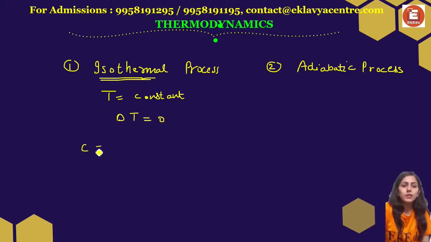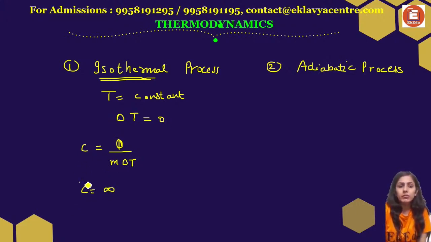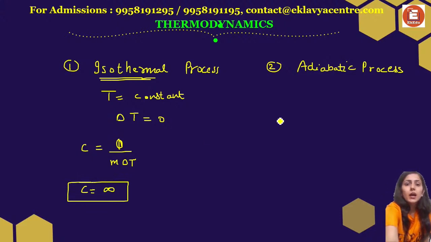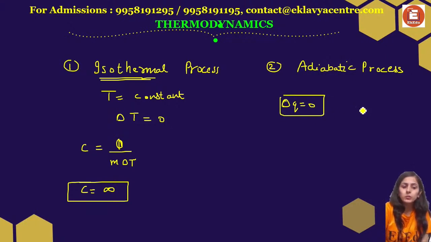And what is the formula of heat capacity? Specific heat capacity is Q, heat, upon M delta T. Since delta T is equal to 0, the specific heat is infinite. And in case of adiabatic process, the heat change is 0. Delta Q is equal to 0, means the heat exchange is 0.